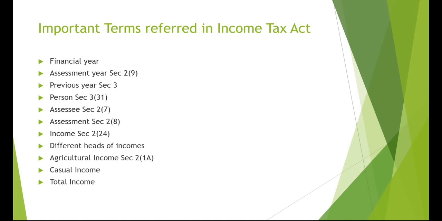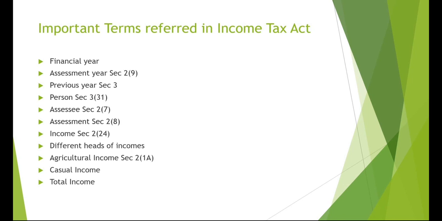So all these cannot be considered as agricultural income. Even the prize received from the government for a higher yield, sometimes the government may provide awards and cash prizes to the farmer for a better crop, even that prize is not considered as agricultural income.